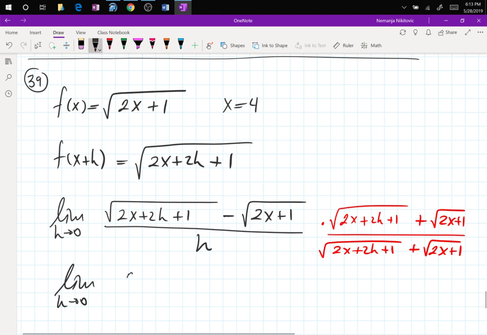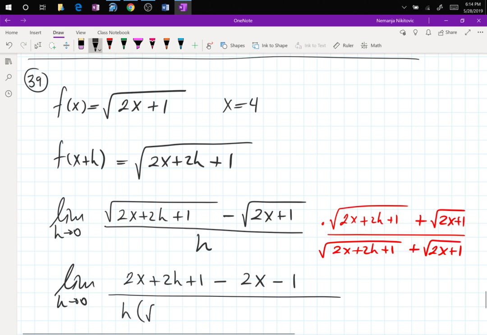So now we get 2x plus 2h plus 1 minus 2x. And usually this is where things go horribly wrong. Needs to be minus 1 because the negative distributes. Divided by h, square root of 2x plus 2h plus 1 plus square root of 2x plus 1.